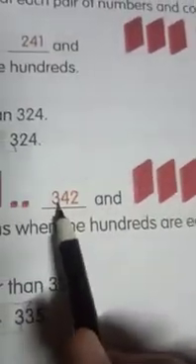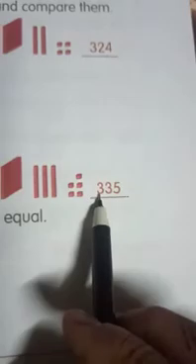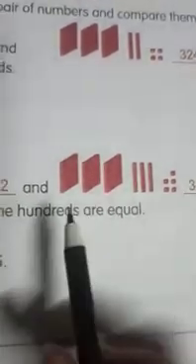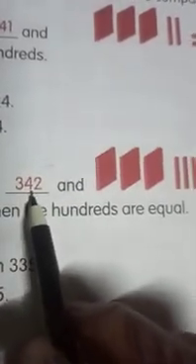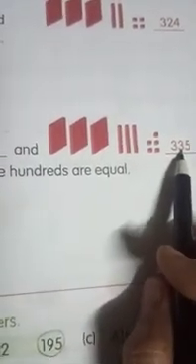See, on this number also in hundreds place we have 3, and in this number also we have 3 in hundreds. So both the numbers are equal. So what you have to do? Now you should compare the numbers which are on tens place.